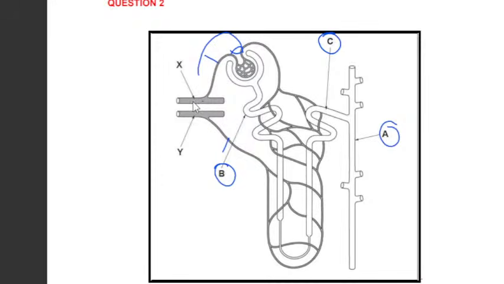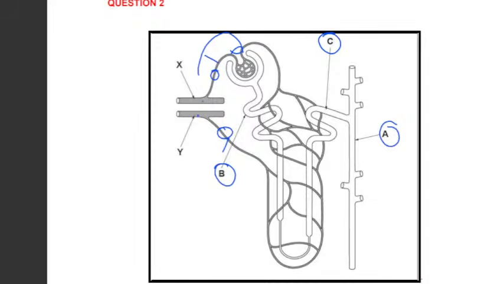So before entering the kidney, this one is the renal artery, and then this becomes the afferent arteriole, and this one is the renal vein. So this is the efferent arteriole. That's how you are supposed to differentiate between the two.